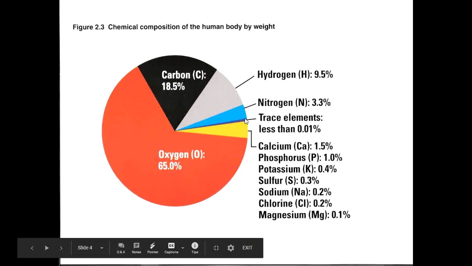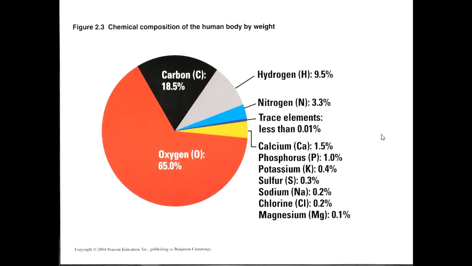And then there are some extra trace elements that a lot of times have to do with where you live, the environment you're in, the water you drink, the foods that you eat, because every soil composition has a different trace element. Therefore, you may have a little bit of a different chemistry than someone who lives around the world. But those trace elements, even though they're in small quantities, are really, really important.